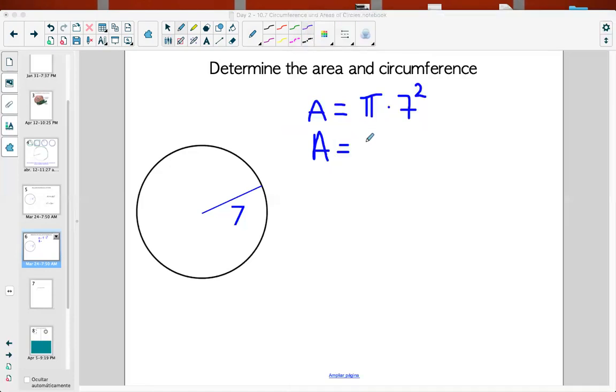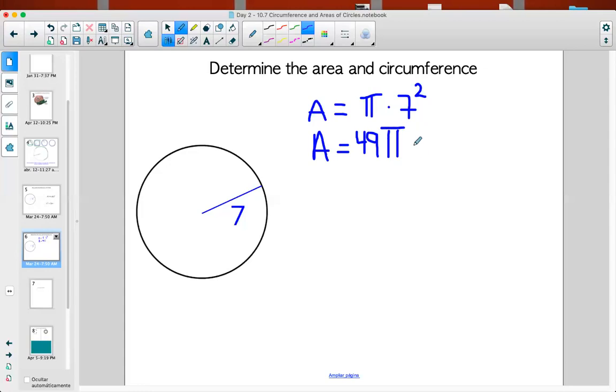Okay, so 49, we want to keep it as exact, which means we do not want to approximate pi, so we're going to put 49 pi units. So whether the circle is measured in inches or centimeters or meters, 49 pi units squared. So that is the area.